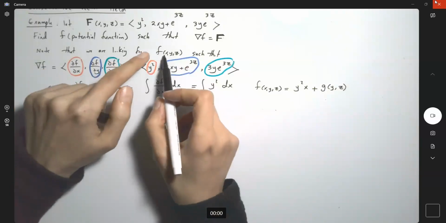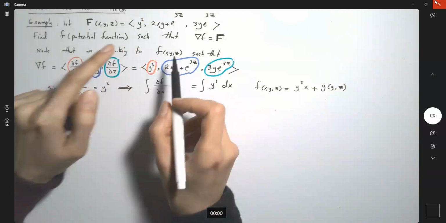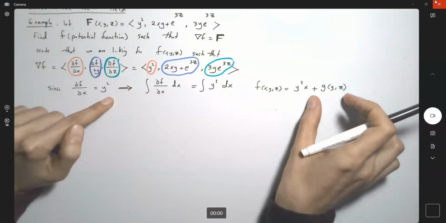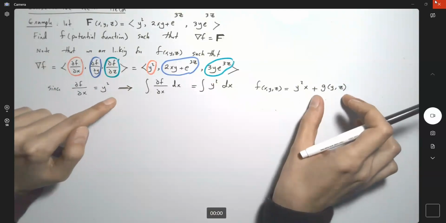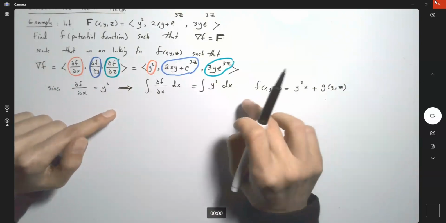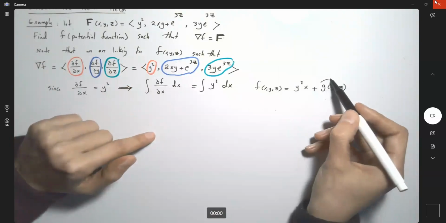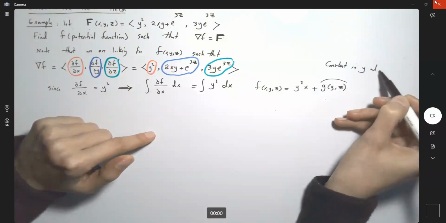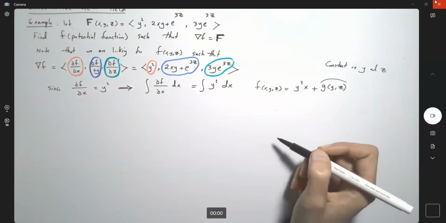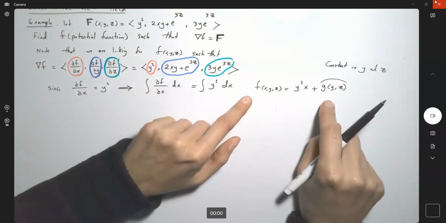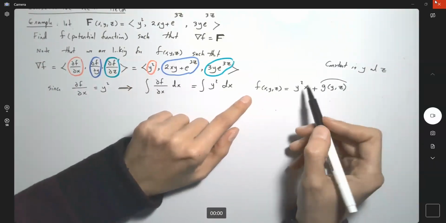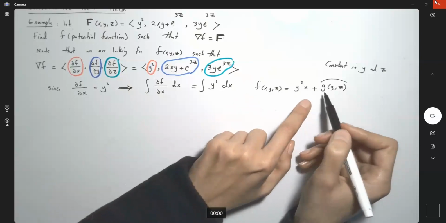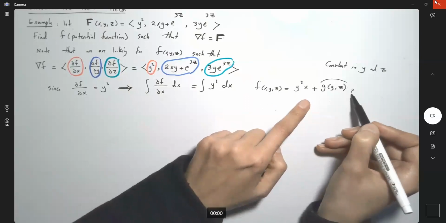Since you have a function in x, y, and z, when you're taking the partial derivative with respect to x, the part that has only y and z disappears. So when you are taking the integral, you must add a function in y and z. This is the mysterious function. It has first term y squared times x plus some more terms that we need to figure out.